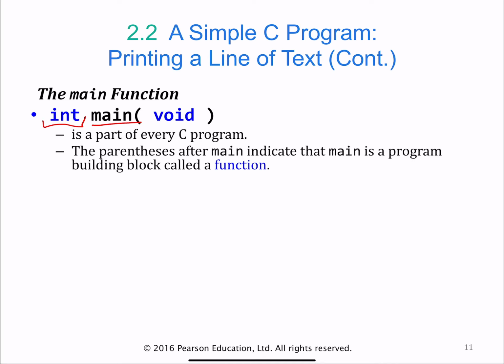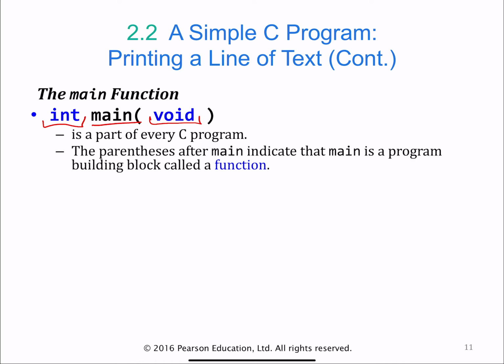You have to specify what type of output is produced by a certain function. In this case, the main function is said to be producing output of type int. Int is a type of data. Int is actually short for integer.